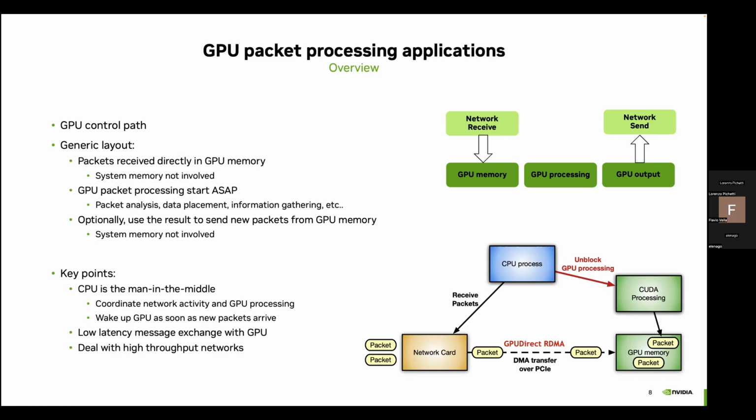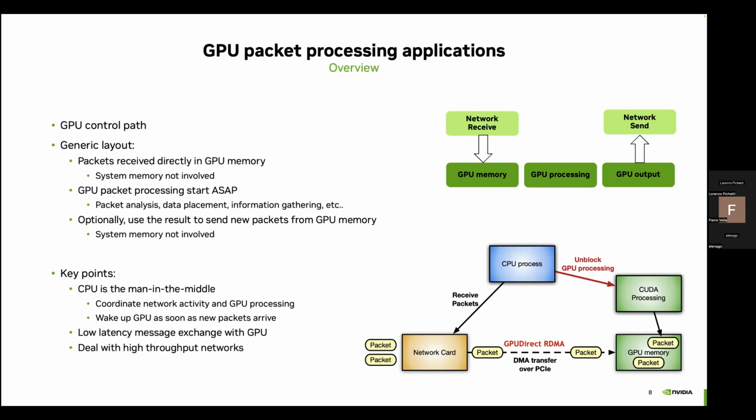And then the CPU has to wake up some CUDA kernel, some GPU processing, GPU workload, to say, hey, you want to process packets, they are here, this is the number of packets, these are their features, characteristics, and so on. So as you can see, the CPU may not keep up with the network card and GPU, they're super fast, especially if you have a lot of receive queues to deal with, or you have high throughput line rate, all these kind of things.